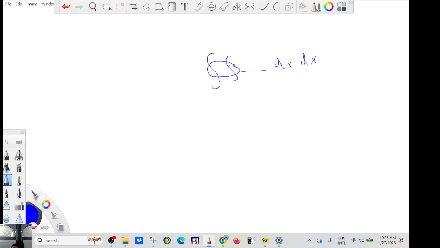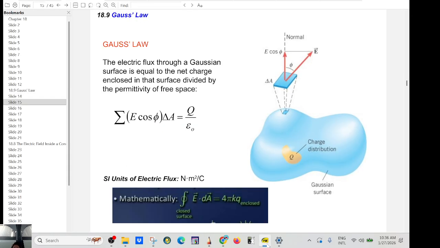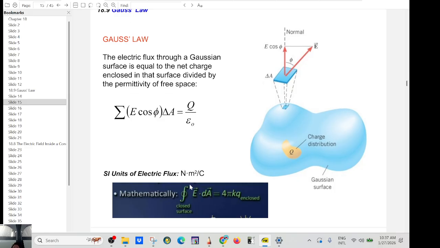That means over a closed area. That's the notation. Sometimes they write it this way, so you can write it this way or this way. It's Gauss's law. That will be the unit for the electric flux.